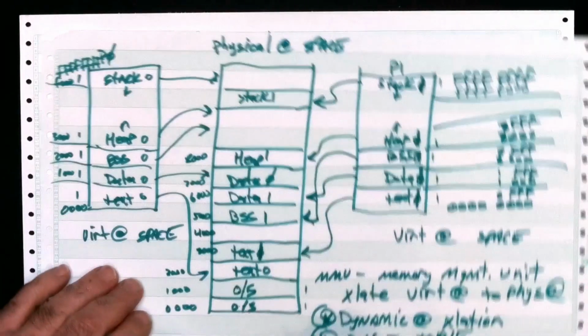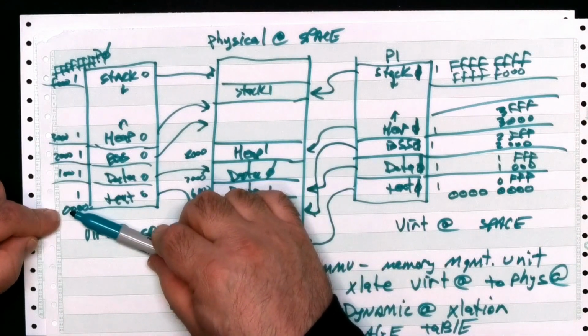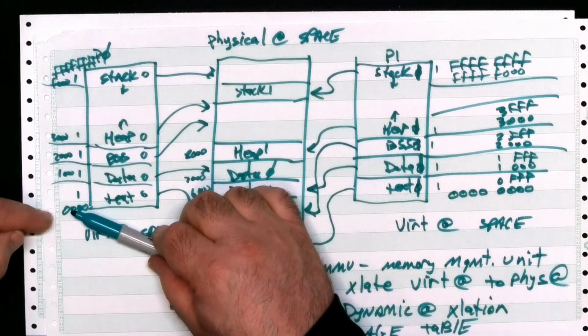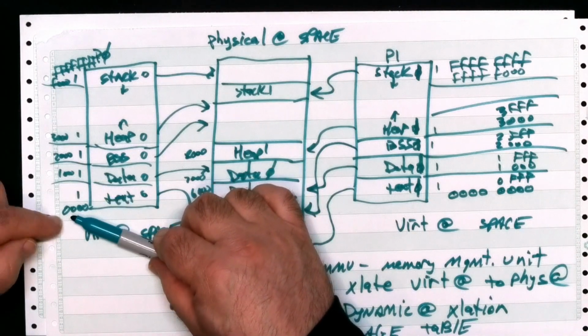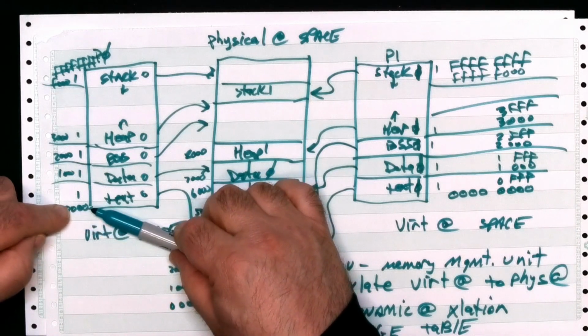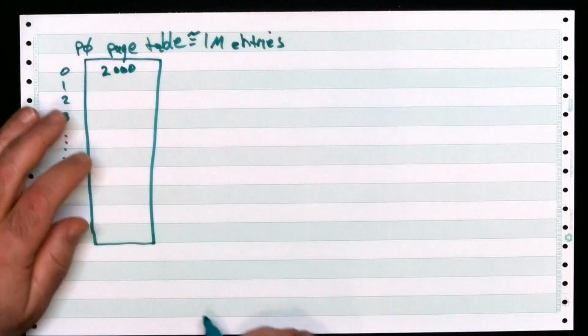Anytime this process reads from memory, the MMU will look at the first 5 digits of the address, because if you think about it, of the hex value, that's the page number. The last 3 digits over here is what we call the page offset. Let's break that down.